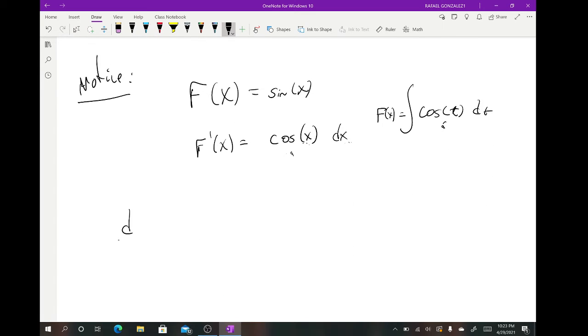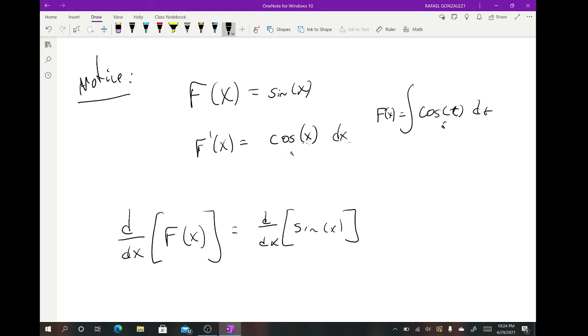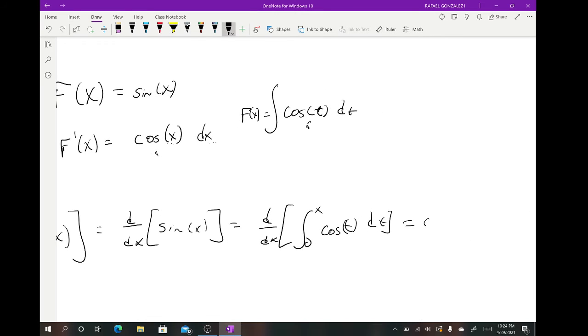Because if you are told to take the derivative of a function that's given as an integral, like, for example, the derivative of the integral of f of t dt, then this is the same thing as we just showed: the derivative of sine of x, which is equal to the original function, cosine of t.